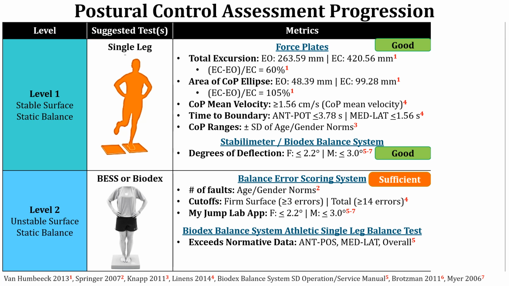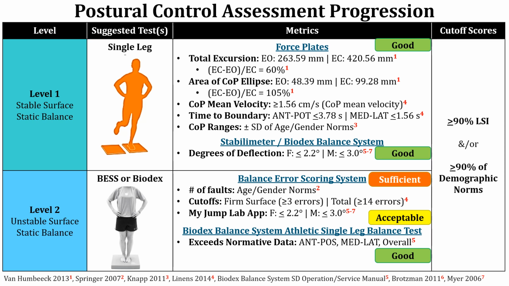And again, the balance error scoring system would be sufficient, and if utilized with the My Jump Lab or the Sway Medical, that would be closer to acceptable. The Biodex balance system at the single athletic balance would be considered good, and then our cutoff scores for limb symmetry and for the demographic norms would be greater than 90%.